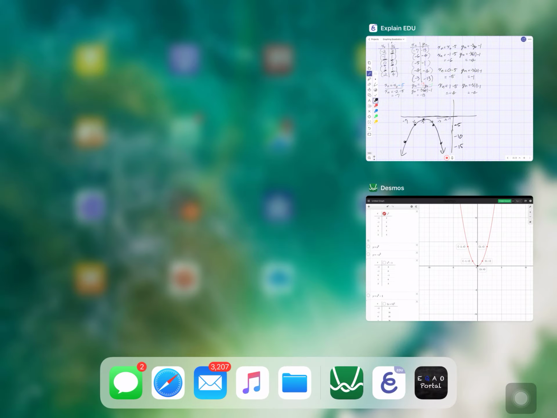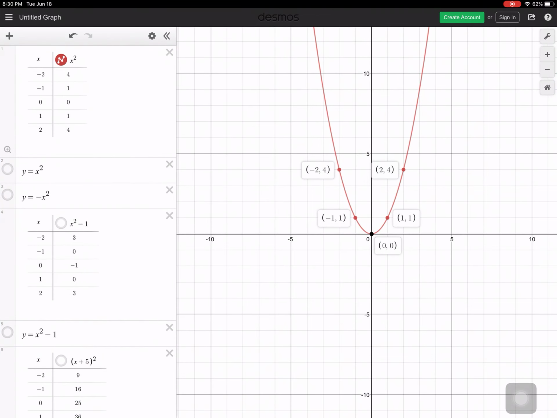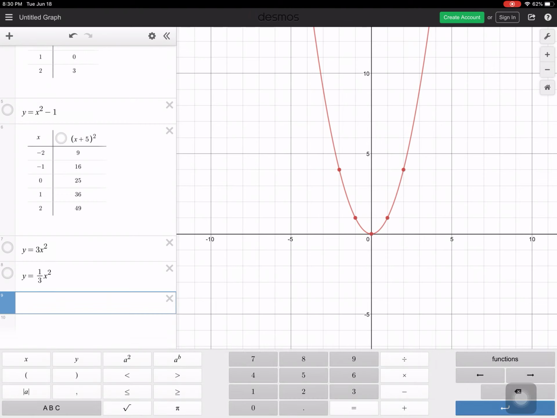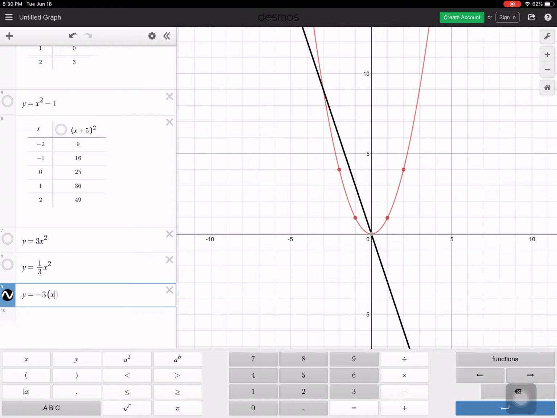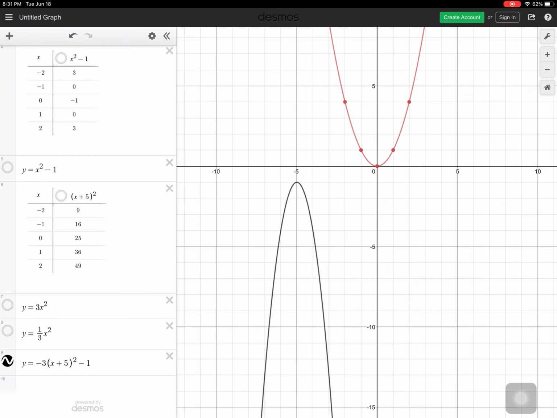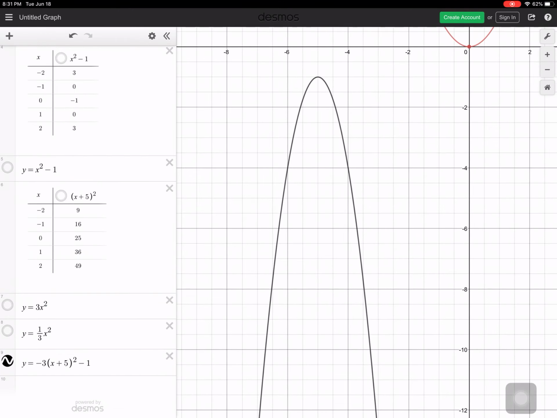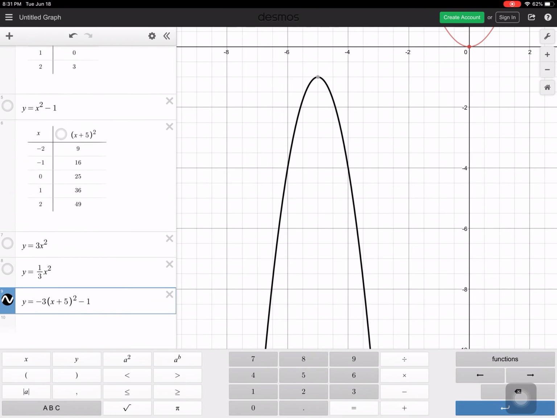And all I did was take the coordinates from that table. Right. But let's actually see what that looks like here. We can write this parabola out. Y equals negative 3 bracket x plus 5, squared, minus 1. And if we take a look, I'm going to turn it into a table like I did before.